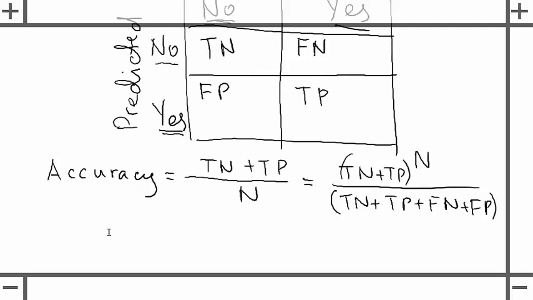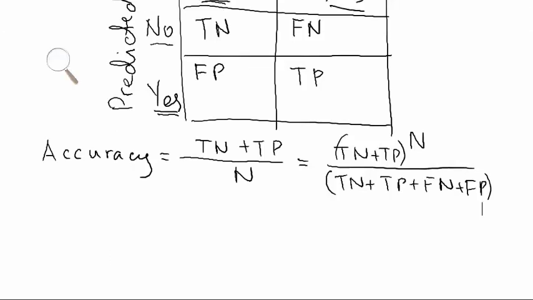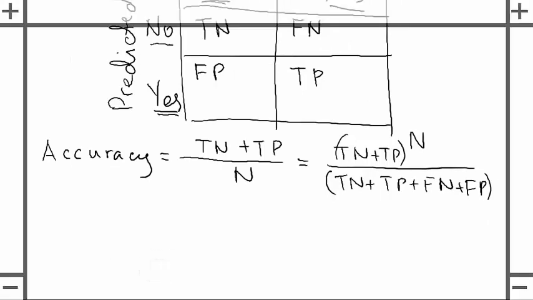So accuracy. Well, related to accuracy is something that's called, I like the term, I don't like how long it is, okay? It's called misclassification rate.